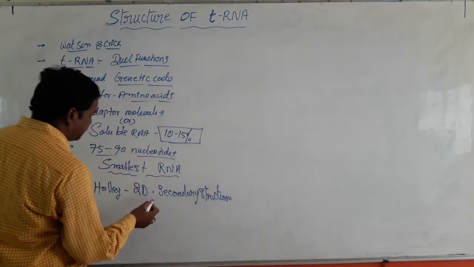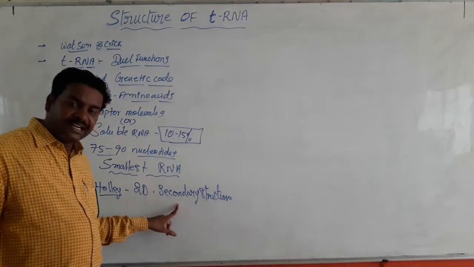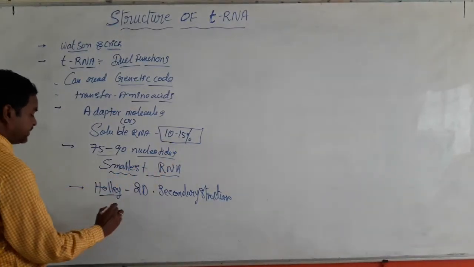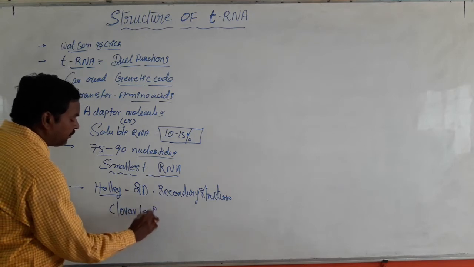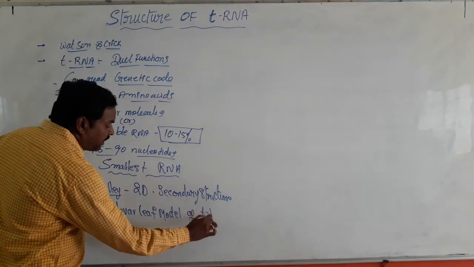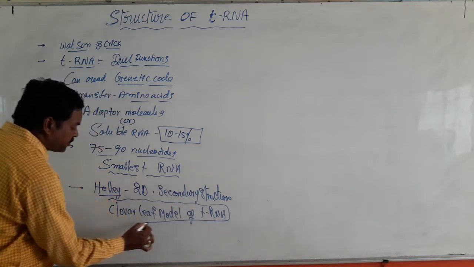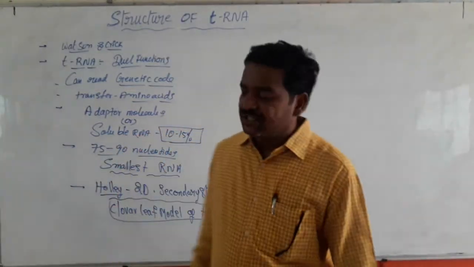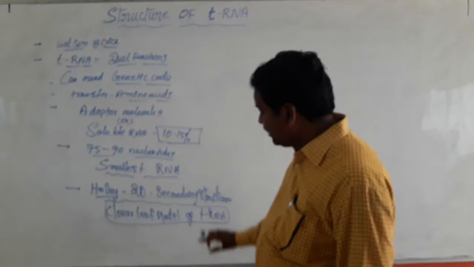This structure proposed by Holley is considered the clover leaf model of tRNA. So the clover leaf model of tRNA was proposed by Holley as a two-dimensional secondary structure.